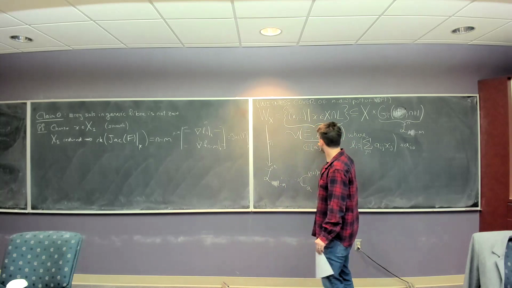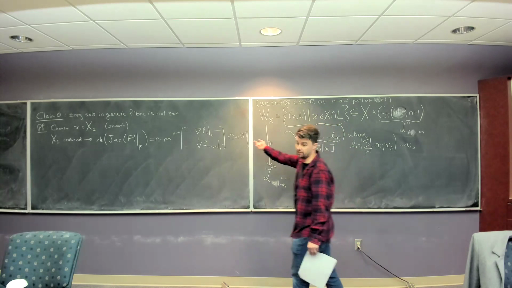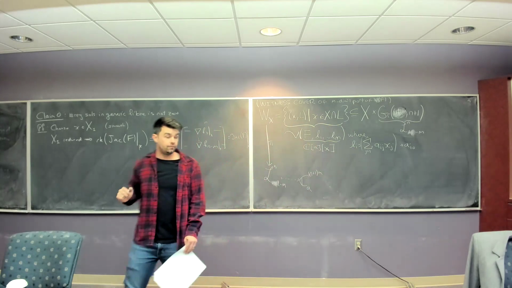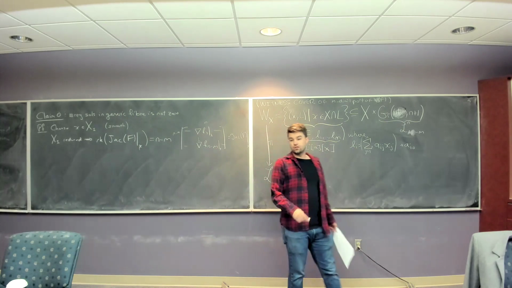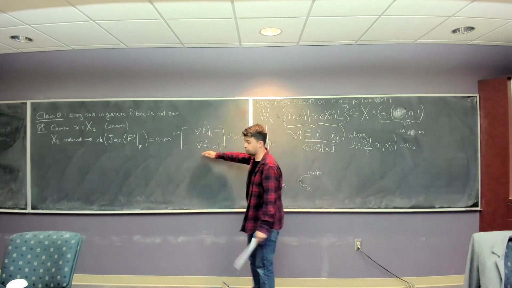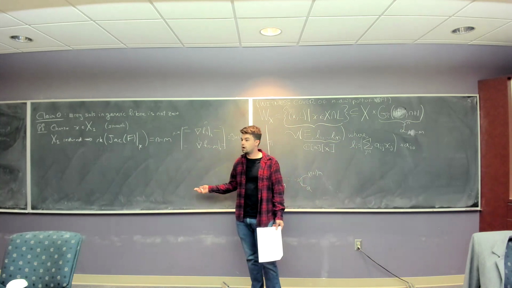Great. What happens when we choose m random linear forms to include in this polynomial system? What happens to the Jacobian? Well, for each equation we add, we're going to get a new row. And what is the gradient of the linear form?